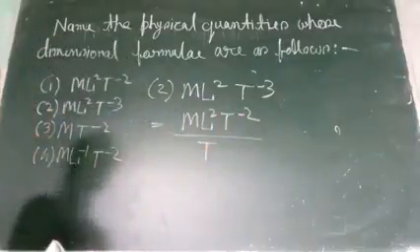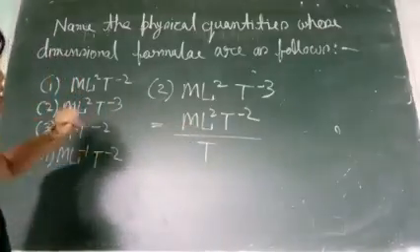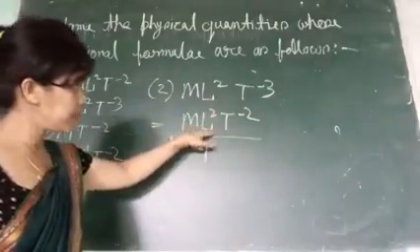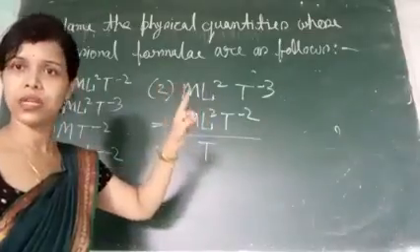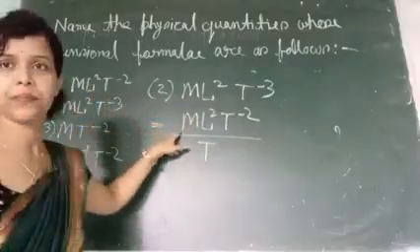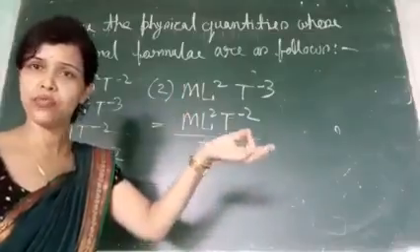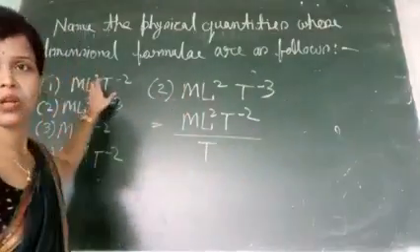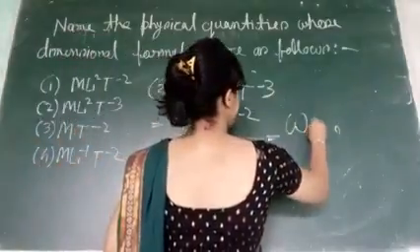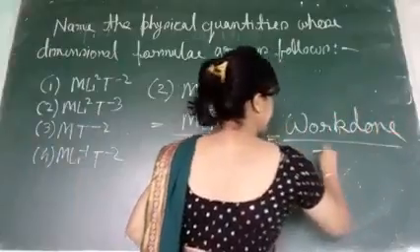Now M L square t to the power minus 2, we already got this in question number 1. This is the dimensional formula of work done. So here we can write this is work done, divided by time.